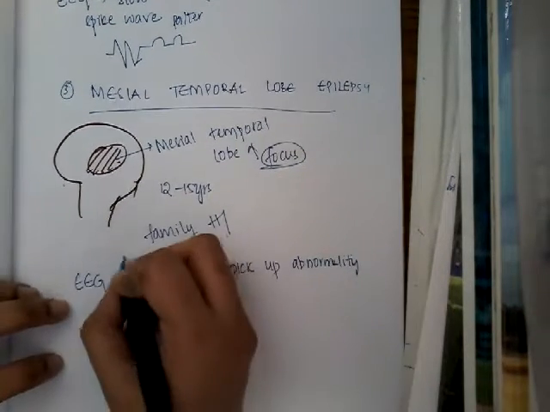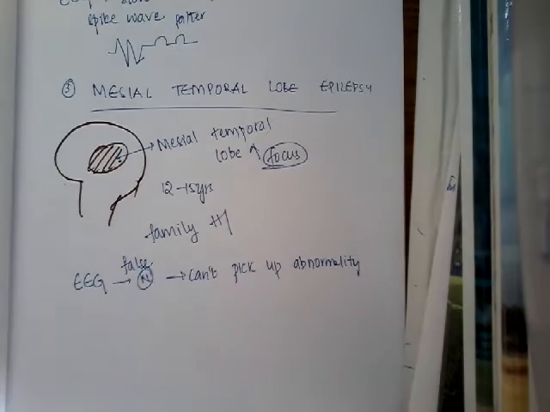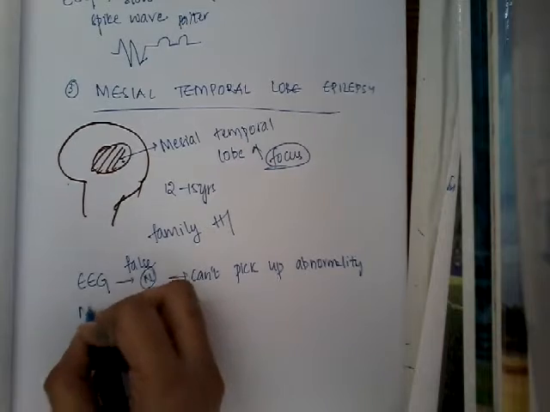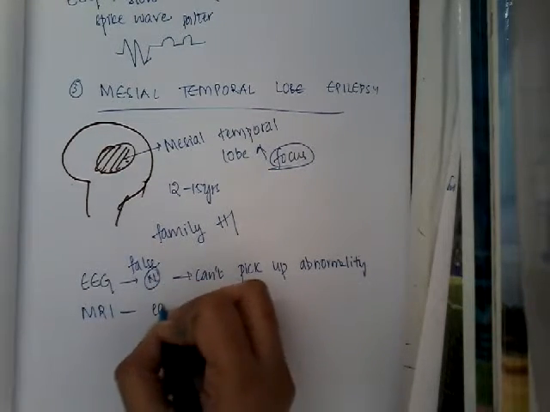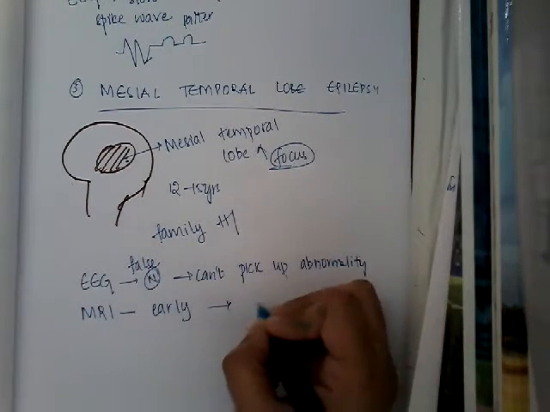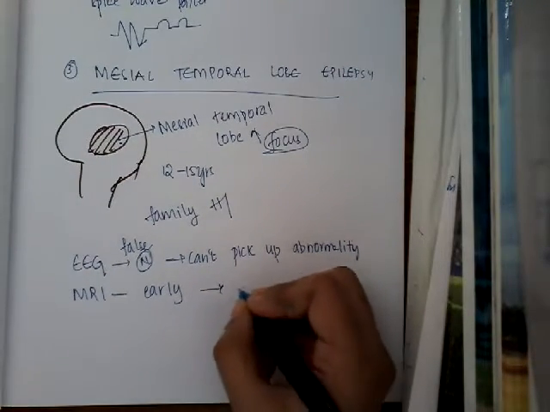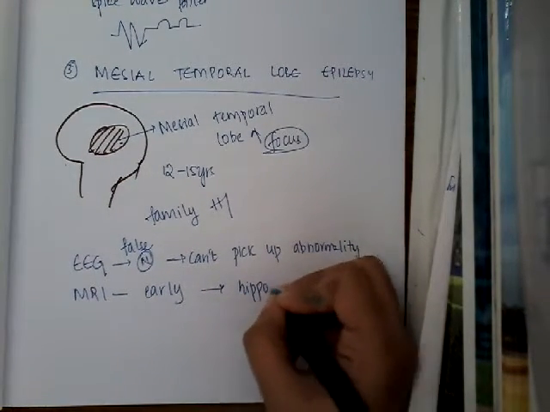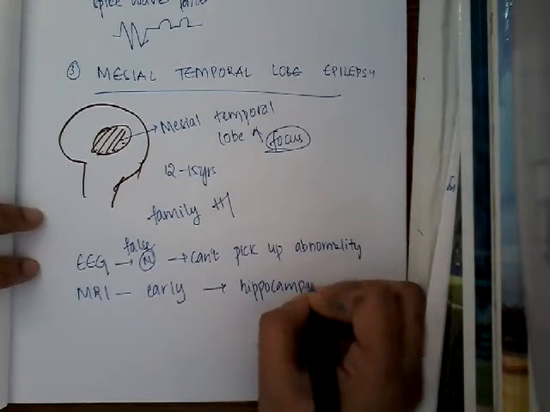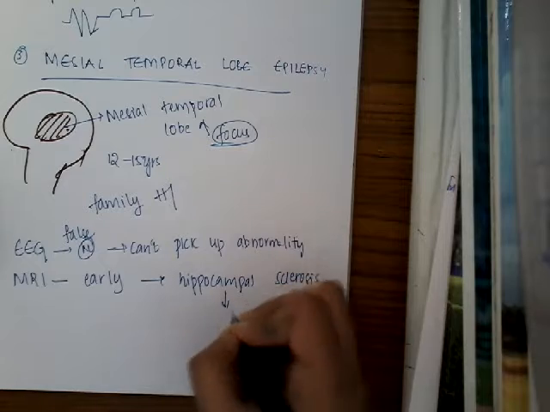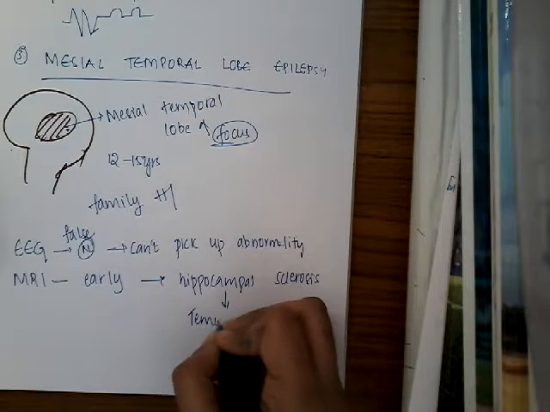It's not normal, but it is falsely showing as normal. So we have to do MRI, but in the earliest stage it is normal; slowly there will first be hippocampal sclerosis, and this can progress to temporal sclerosis.